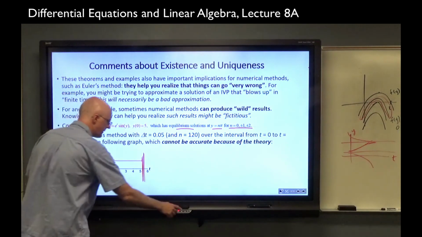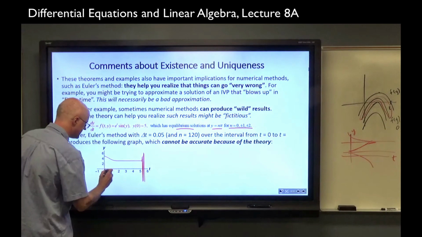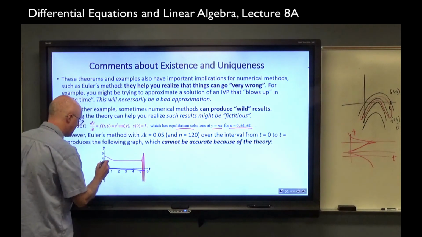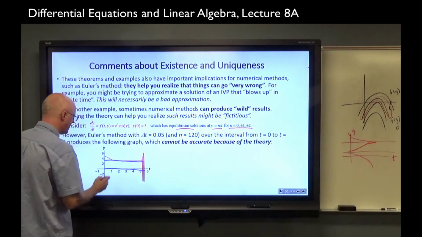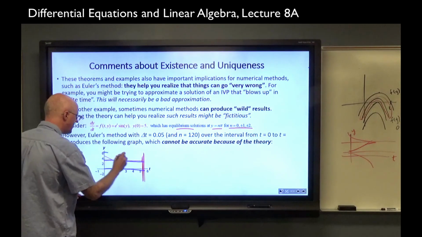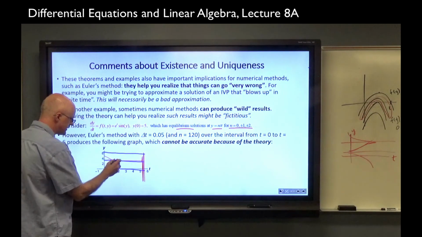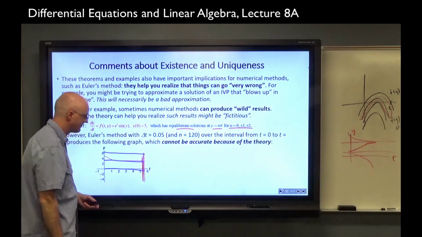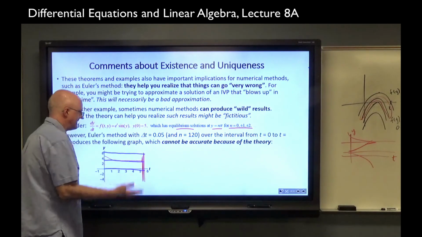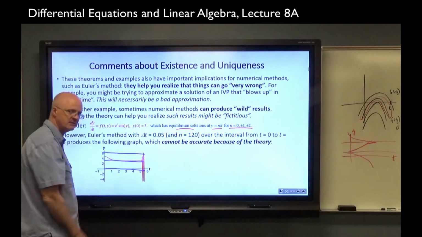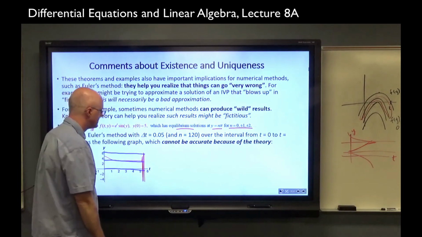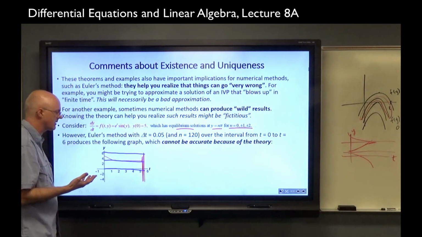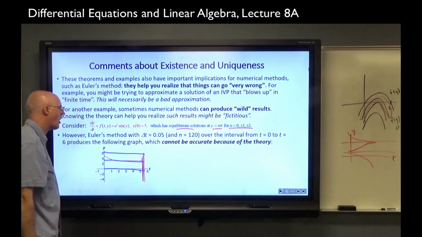We know there are equilibrium solutions at 0, at pi, and at 2 pi. And it does look like this solution is approaching pi at first, but then all of a sudden it goes wild. And that can't be the case, because you can't cross those equilibrium solutions. So the uniqueness part of the theorem is saying that's got to be wrong.